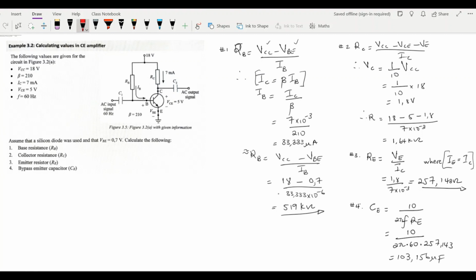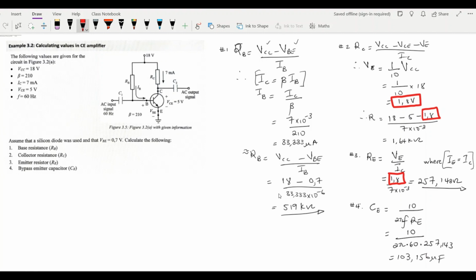You see, the value of VE, this should be VE. Sorry about that. That should be VE. Look at the value of VE, right? Calculate the value of VE, and then I substitute it there. The very same value of VE is also substituted there.